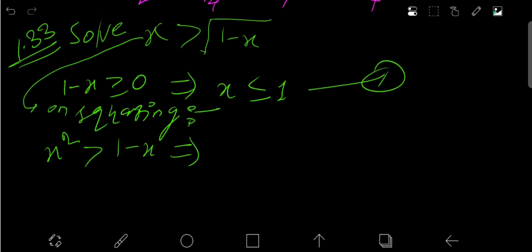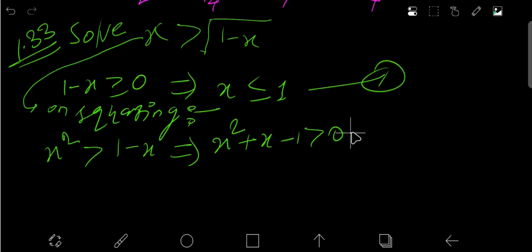In the next line, x square plus x minus 1 is greater than 0, and this equation is not factorizable.